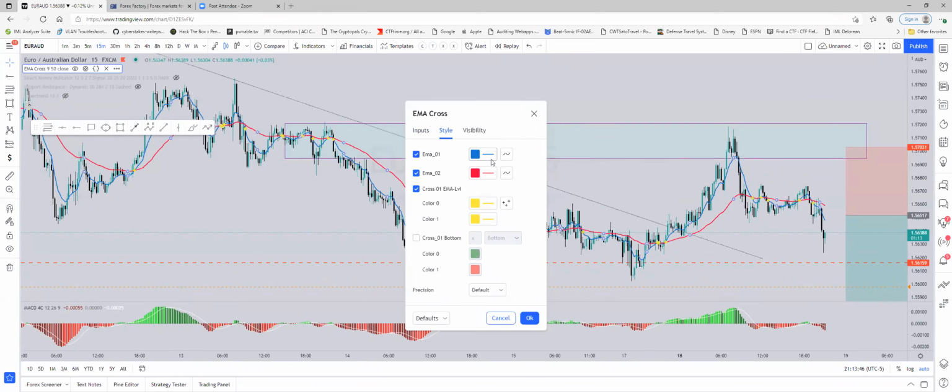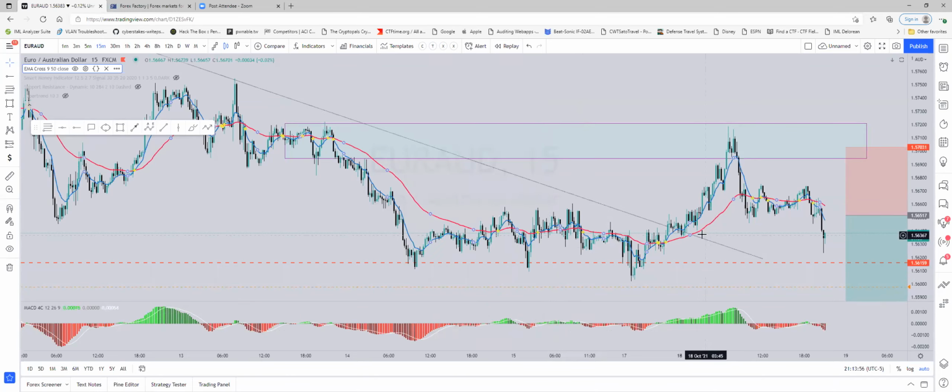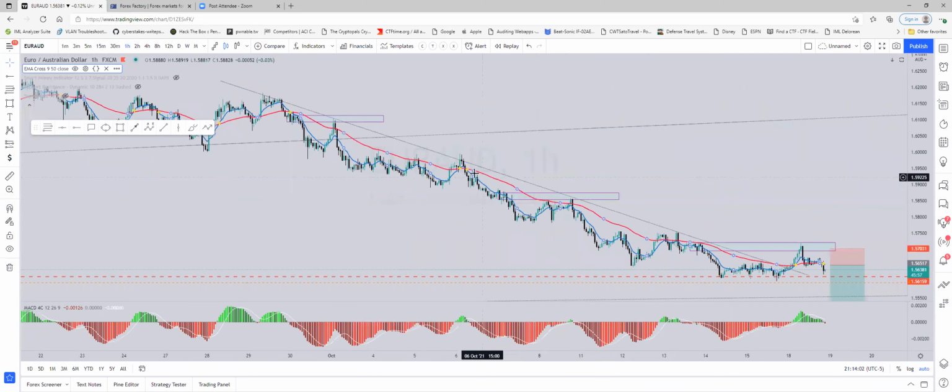The EMA 1, I have mine set as blue. The EMA 2, I have it set as red. And the crosses, I have it set for yellow. I'll explain to you why in a second. So the crosses, you can easily see the cross happen. Even if you go to the 1 hour, you can still see the cross. It's just easier for the eyes for me. I'm getting a little older, so eyes get a little weaker.